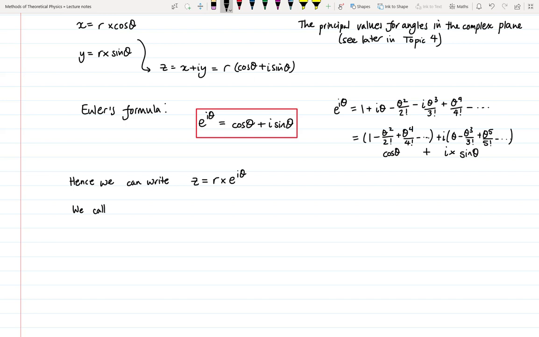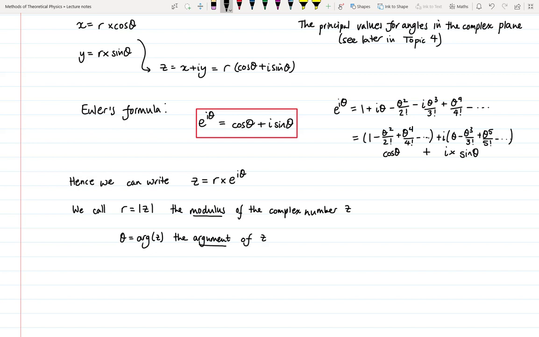We call r, which is the absolute value of z, the modulus, or the magnitude of the complex number z. And we call theta, this angle, the argument of z. Together, this is sometimes referred to as the modulus argument form of the complex number z.